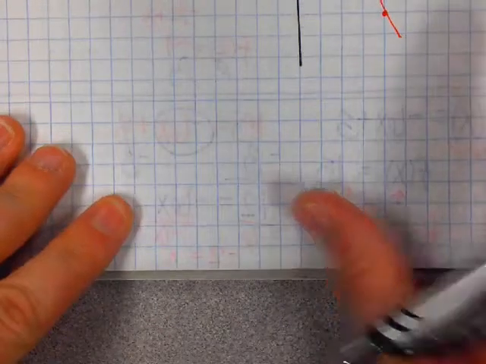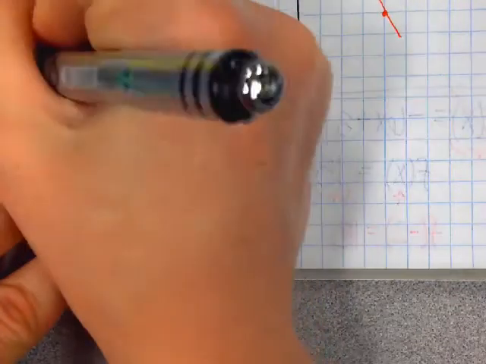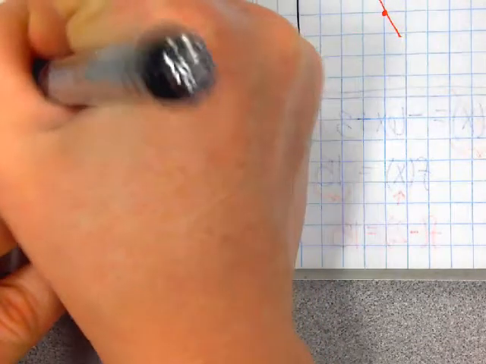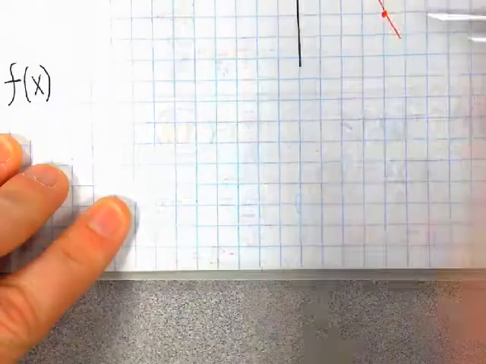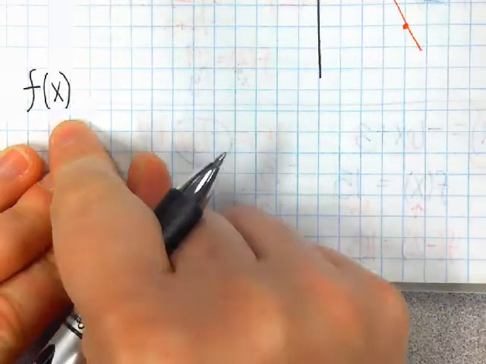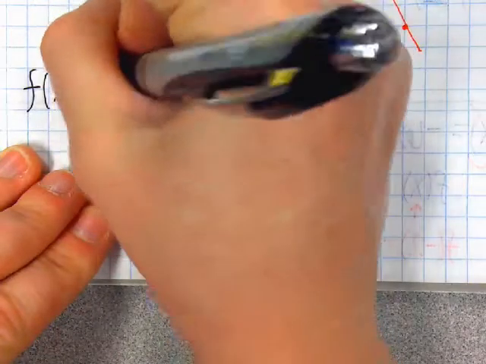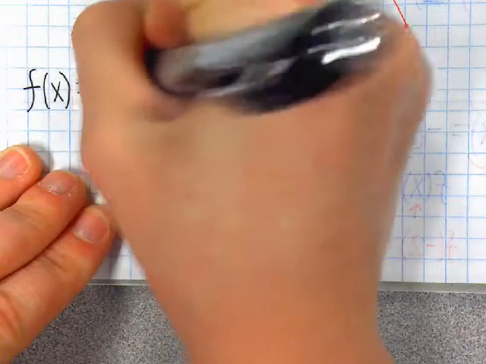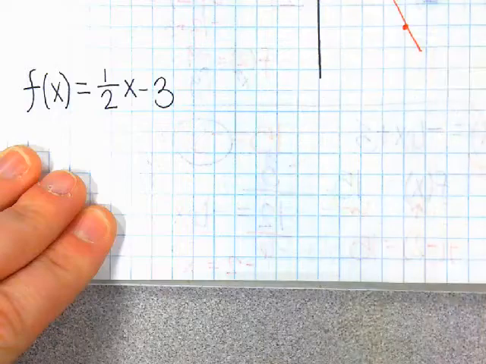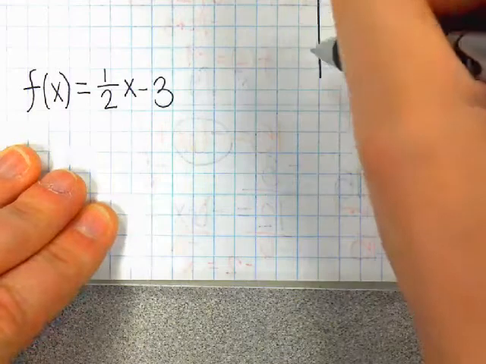Now, using function notation, it's exactly the same, except that instead of writing a y, we write f of x. Function of the input equals 1/2 x minus 3.